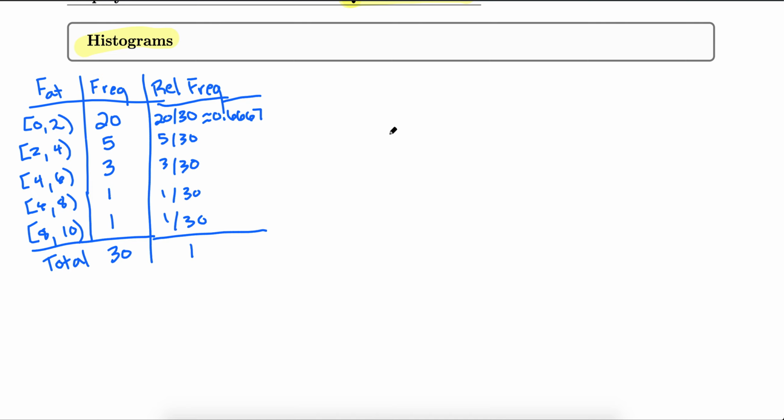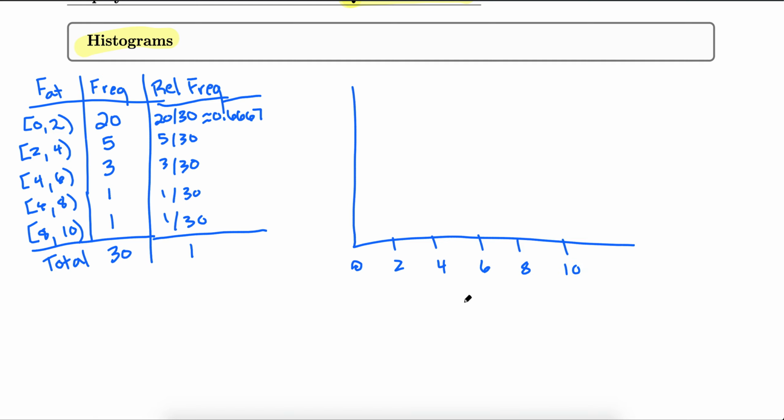All right, so our histogram, same idea. We're going to put our categories on this axis, and don't try and use this strange notation here with these different brackets and whatnot. Just mark it off: 0, 2, 4, 6, 8, and 10. Keep it clean and simple here, and we can label this as our fat content in grams.